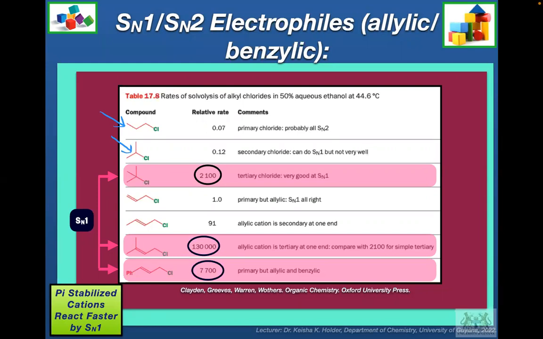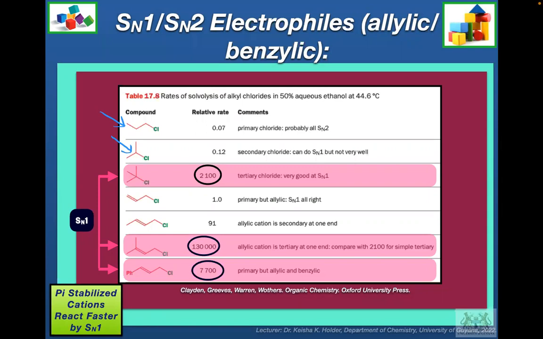The ones that are highlighted in pink are your tertiary carbocations or tertiary electrophiles, as well as your allylic and your benzylic stabilized carbocations or electrophiles. And the numbers hold true. You can see that they are actually increasing as we go up.